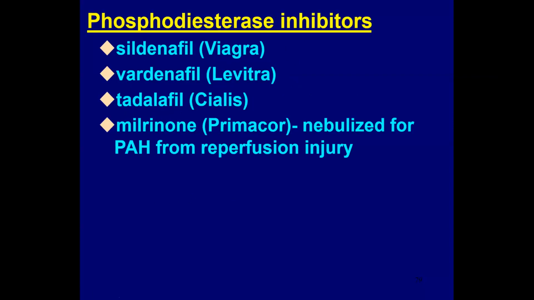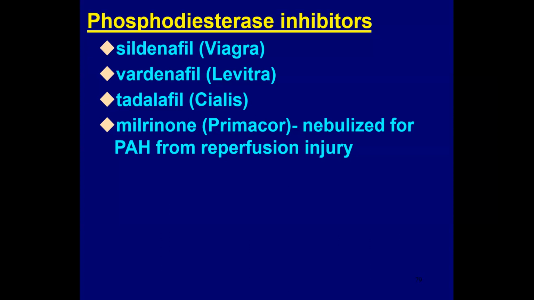Then there are the phosphodiesterase inhibitors. These include Viagra and Cialis and Levitra. And I do remember, before I was aware of what was going on, a female patient in the intensive care unit. I overheard that she was getting Viagra, and what the hell was that all about? Well, it was for pulmonary hypertension.